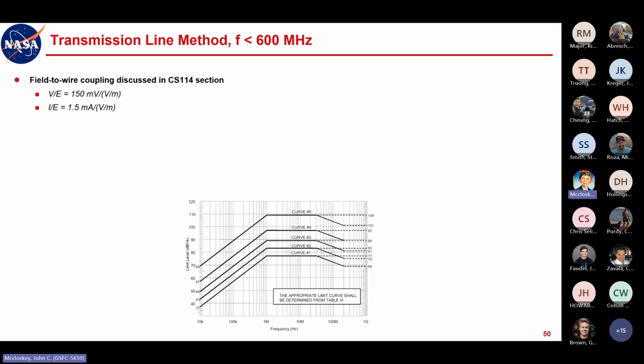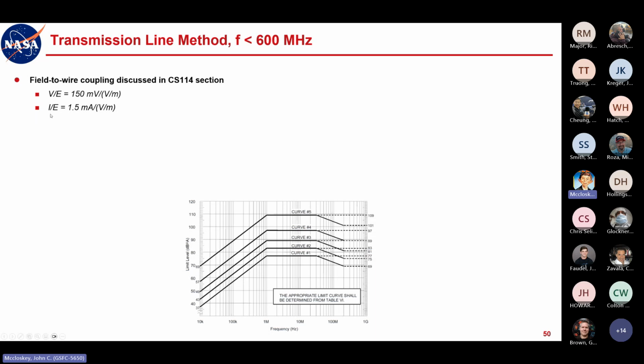But the coupled potential in the plateau region of these curves, so that's the worst case, as a function of electric field is 150 millivolts per volt per meter, and I provided the derivation of that in the other session, so I'm not going to go through that again.